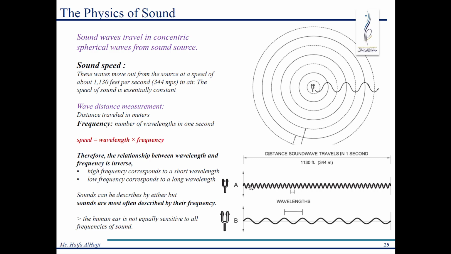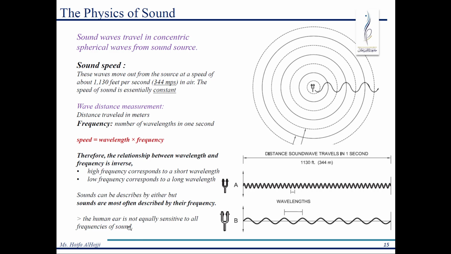In acoustics and in architecture, you don't name a sound by saying, for example, this sound is 0.4 meters wavelength. No, you say, for example, 4,000 hertz, 10,000 hertz. This is how you differentiate between different sounds. This is the unit or term usually used.